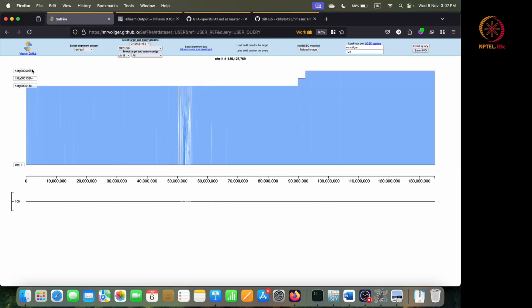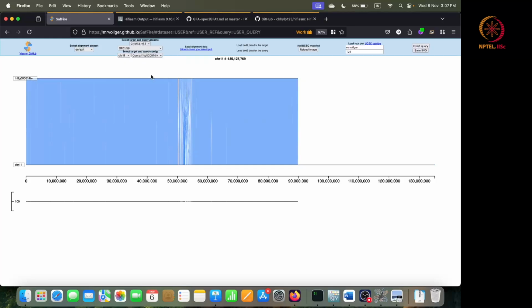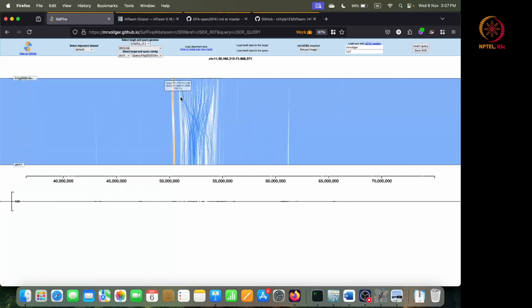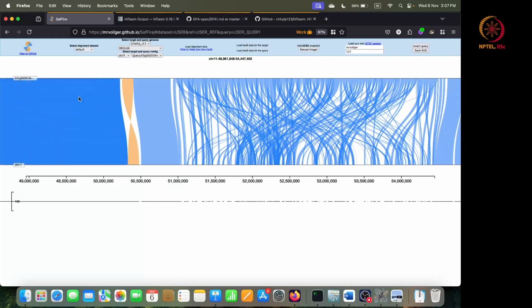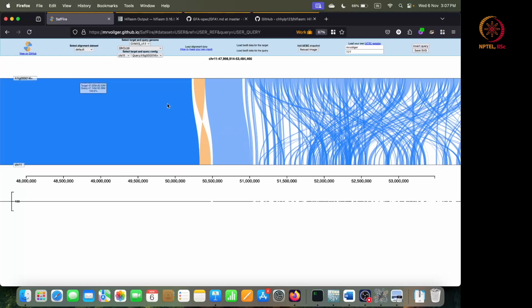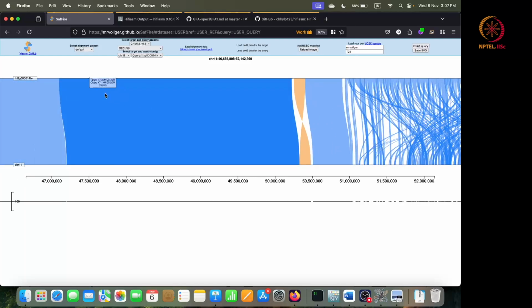There are only 3 such contigs here in the assembly, and let us say we look at the first one, right. So, this region here looks a little bit interesting. If we zoom in, we can see that there are some regions which are in blue, and this one region is in yellow. What actually has happened here is that all of these regions which are in blue are oriented in the same way as they are in chromosome 11 of CHM13. However, this region has inverted.